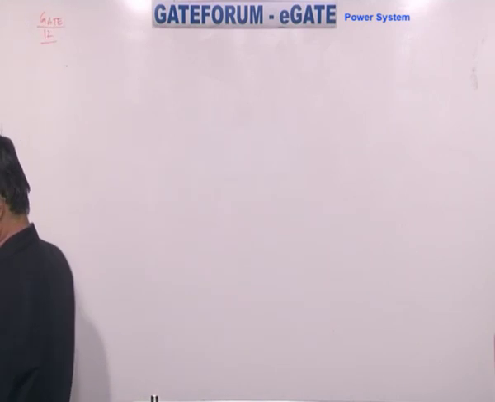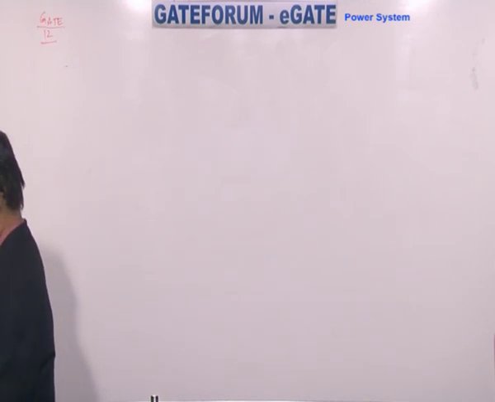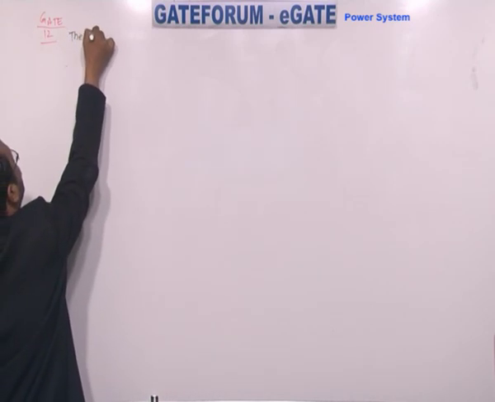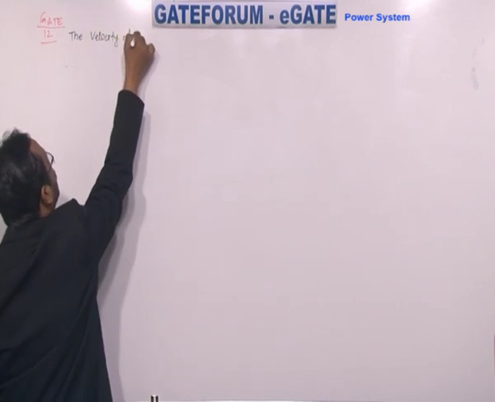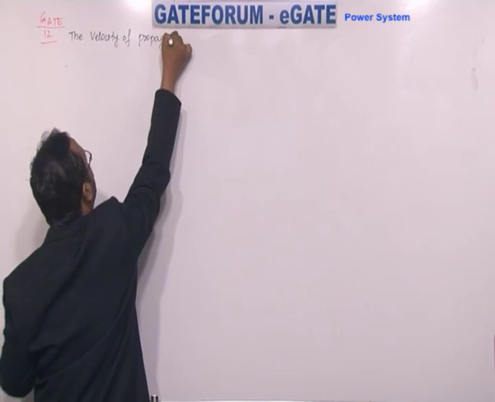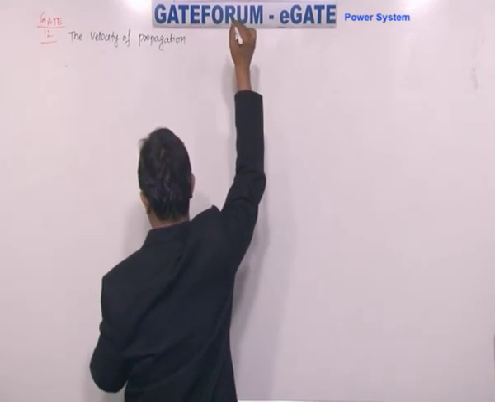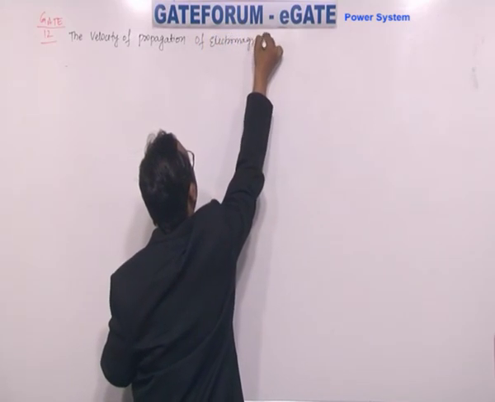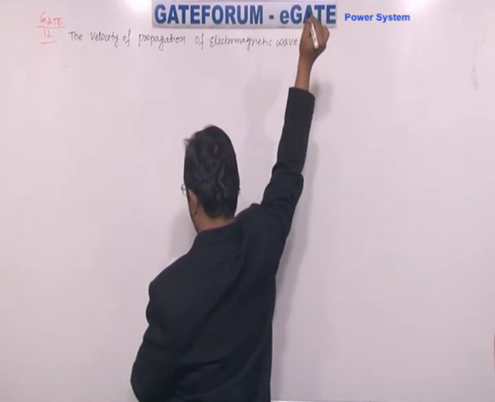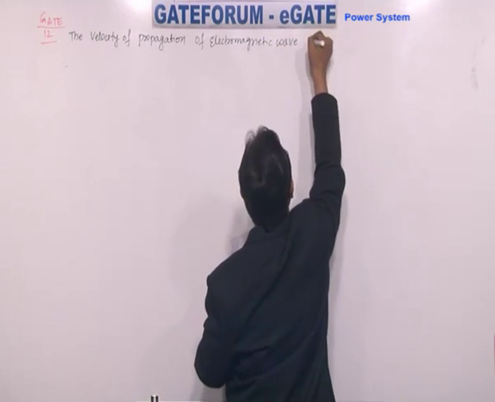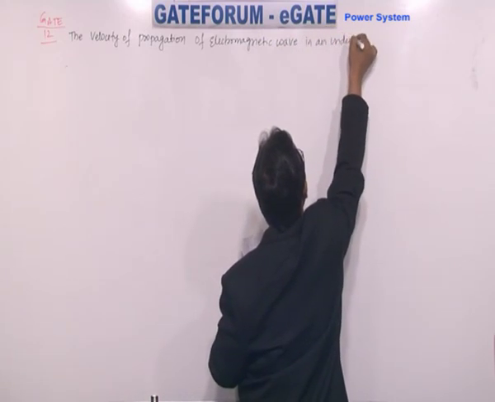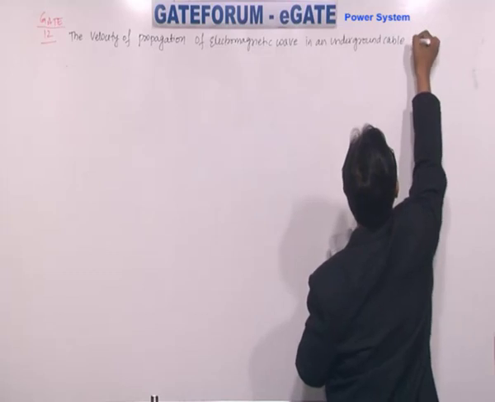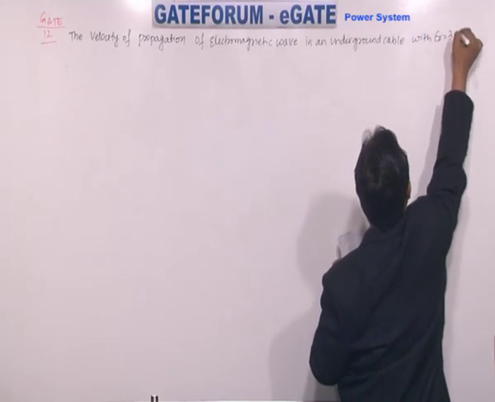Now we solve this next question. This is from a GATE question paper. The velocity of propagation of electromagnetic wave in an underground cable with epsilon r equal to 3.